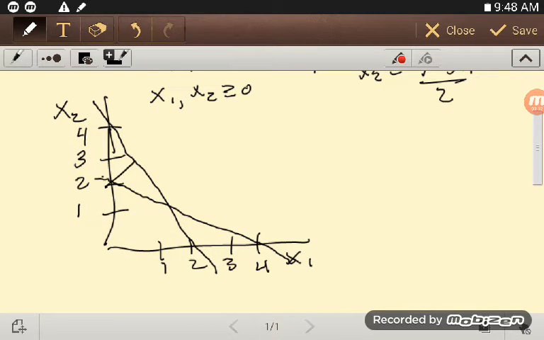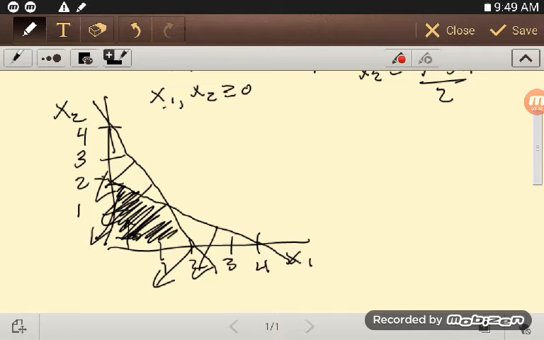So I'm supposed to shade in everything this way, but the constraints say I have to have both of those constraints true, and I need x1 greater than or equal to 0, so that's out this way. x2 greater than or equal to 0, that's that way. And so what we call our feasible region, all our possible values, are in this region.